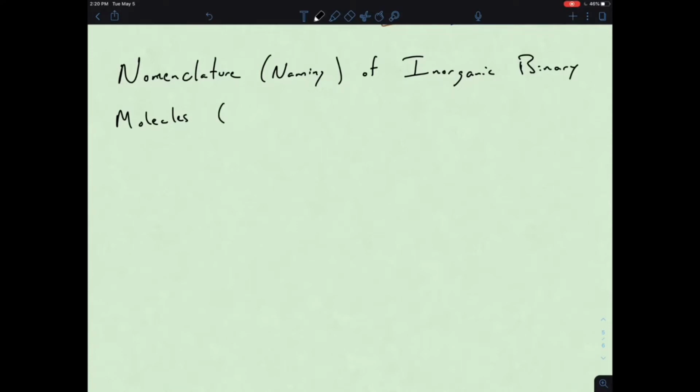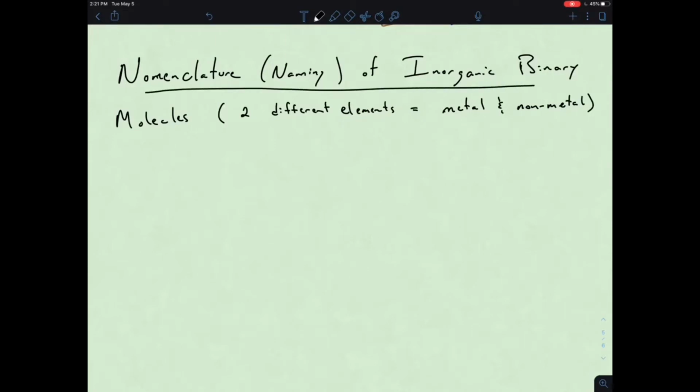And when we say binary molecules, we mean two different elements, a metal and a non-metal. So that's what we're getting into, is this nomenclature idea.